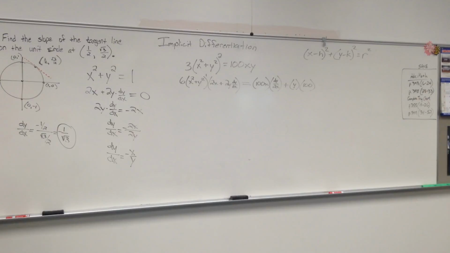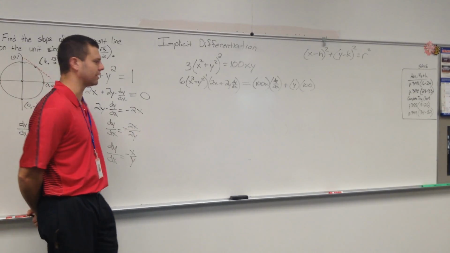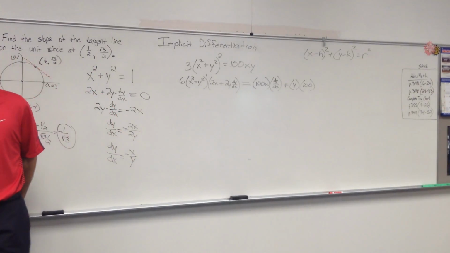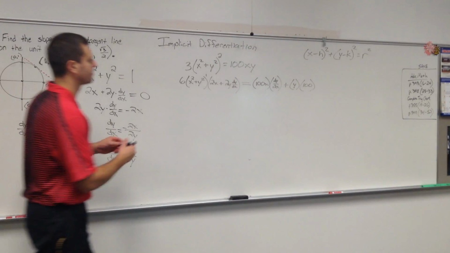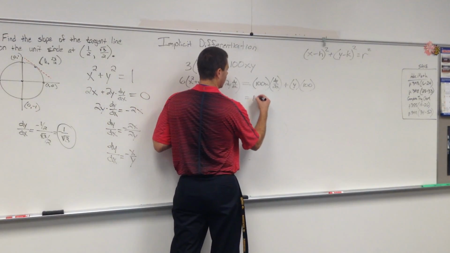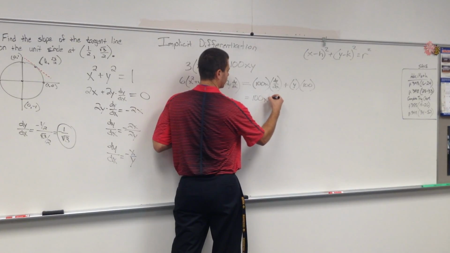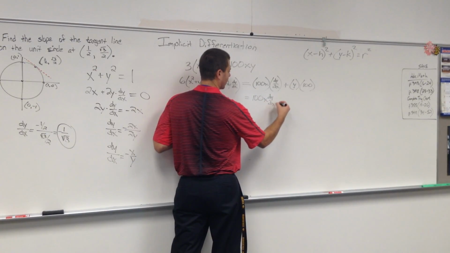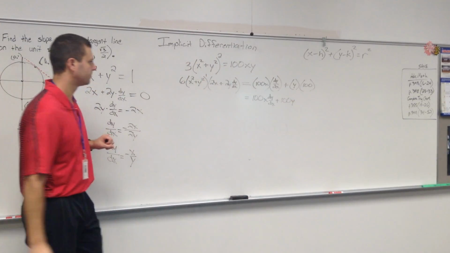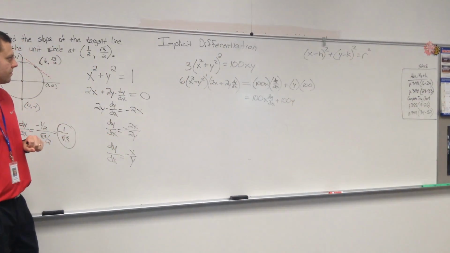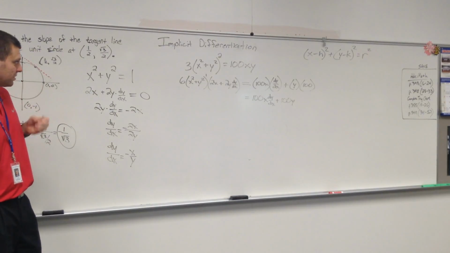Okay, now we need to get dy dx by itself. That's going to be a fun one. Here I got 100x dy dx plus 100y. That's easy. This side is not as easy.